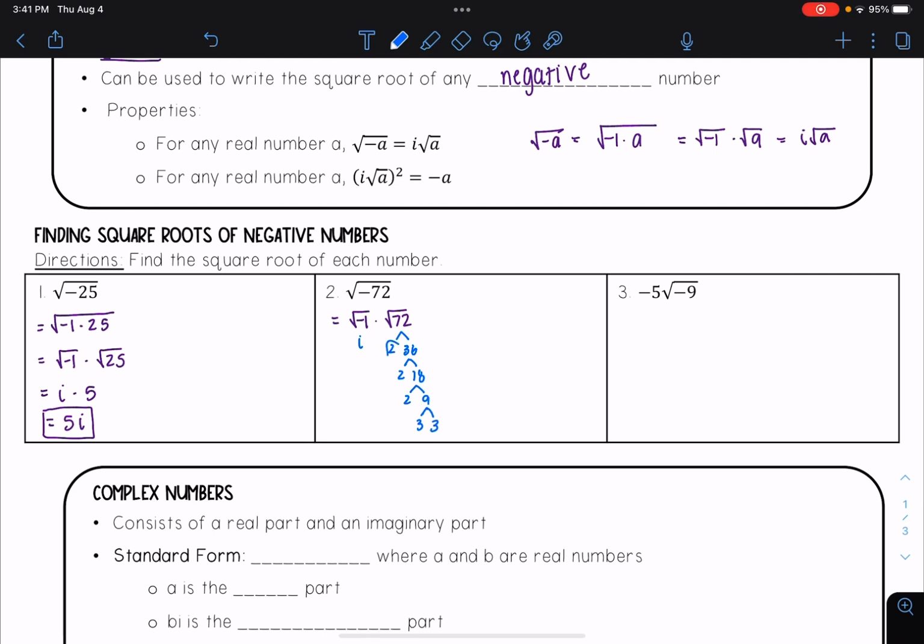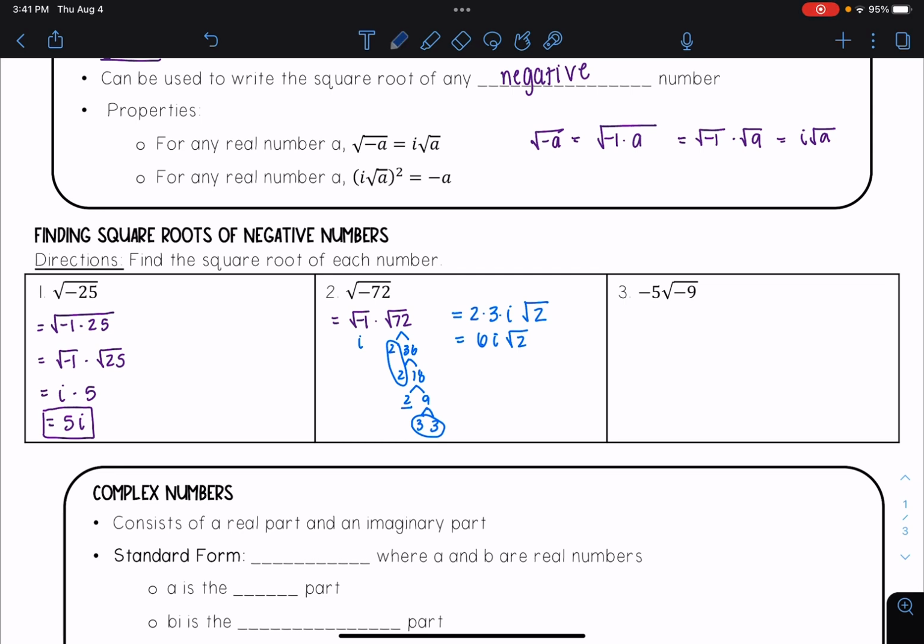Well, I have a pair of 2s I can take out, and I have a pair of 3s I can take out. And so this ends up equaling 2 times 3 that I took out, times i that's already out in front. And then I'm left with a 2 under the radical. So in other words, this is going to be 6i root 2.